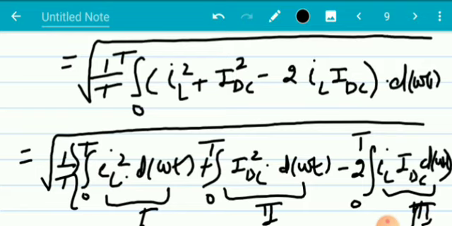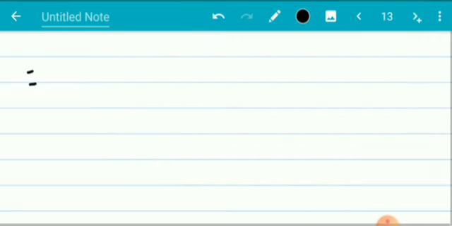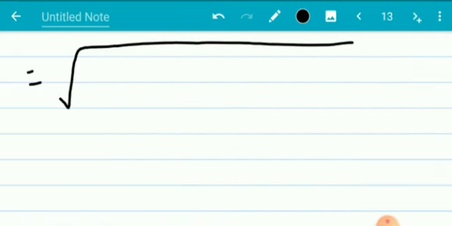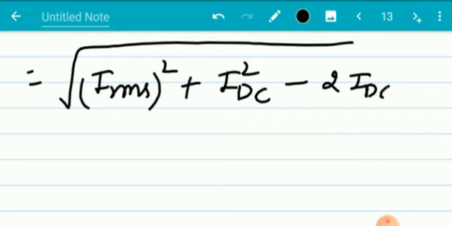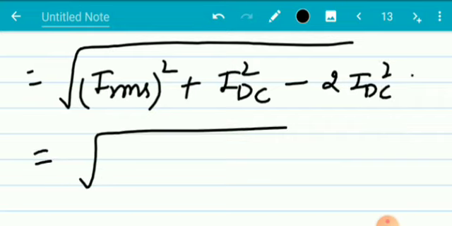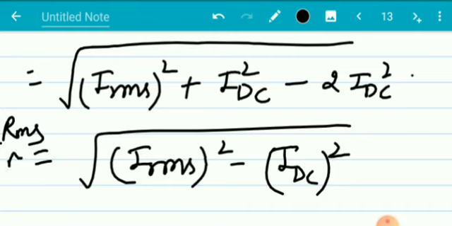Okay, so I can write this whole as under root IRMS square plus IDC square minus 2 IDC square, or it can be written as IRMS square minus IDC square under root. This is the RMS value of the ripple.